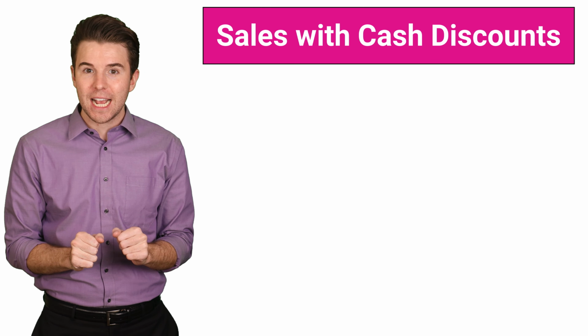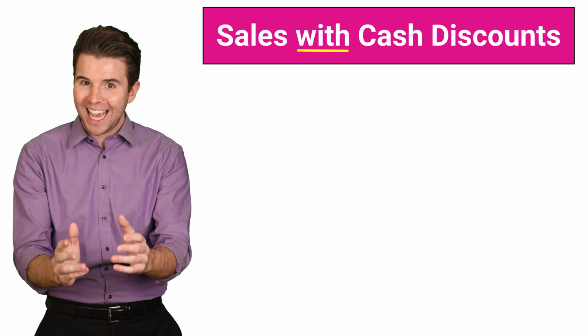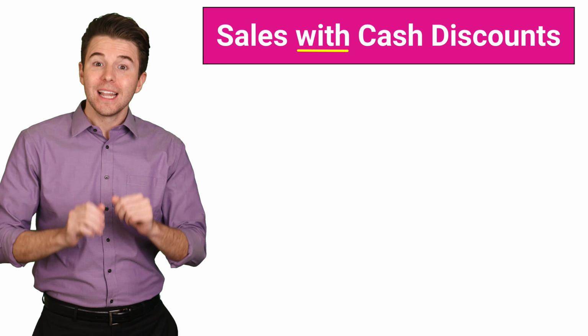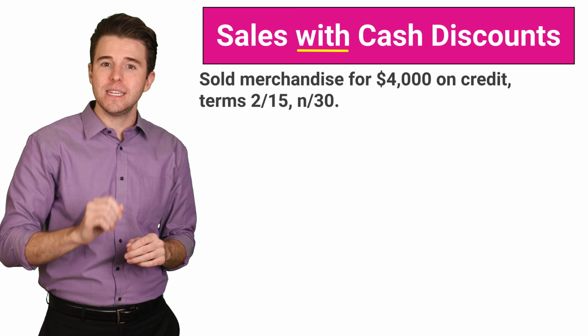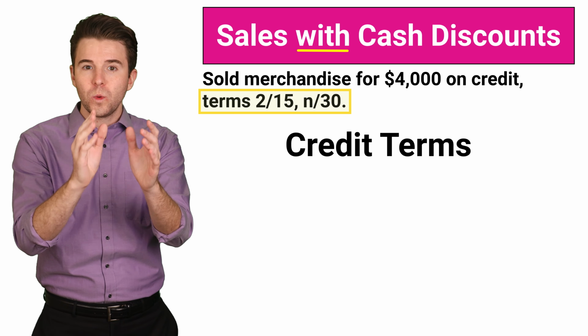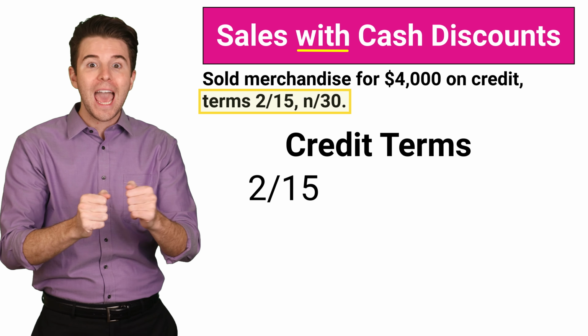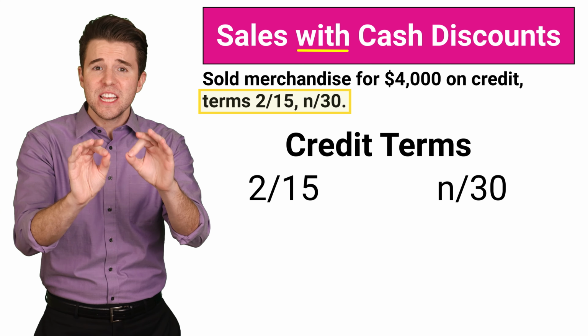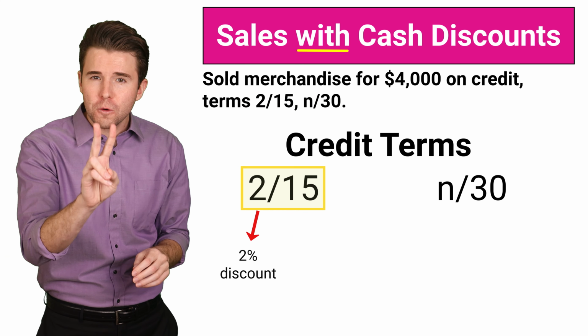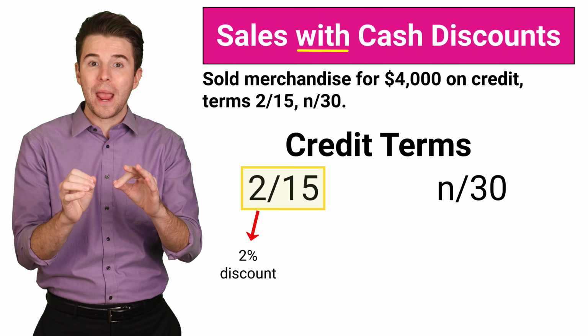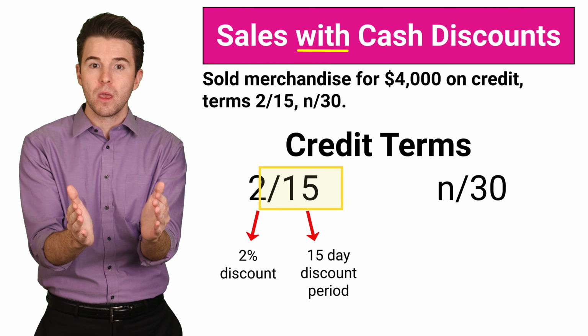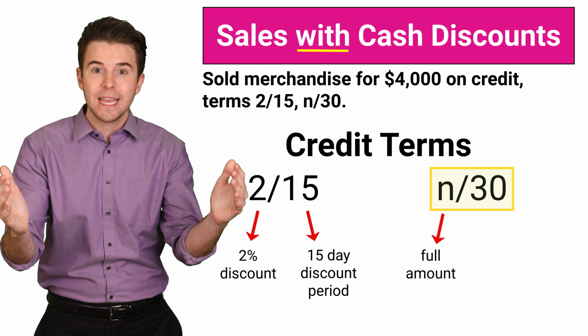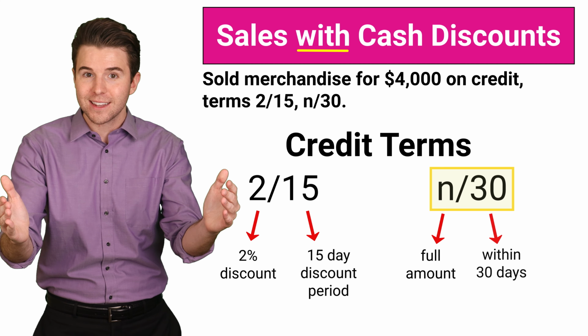Okay. So now let's take what we just learned and do an example of a sales transaction with a cash discount. Let's say we sold $4,000 of merchandise on credit with terms 2/15, net 30. This means we offer a 2% discount if we are paid back within 15 days, or the full payment is due within 30 days.